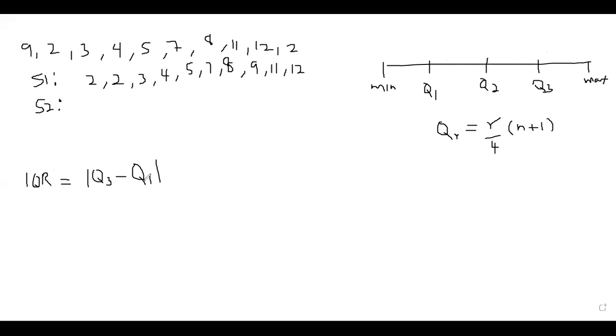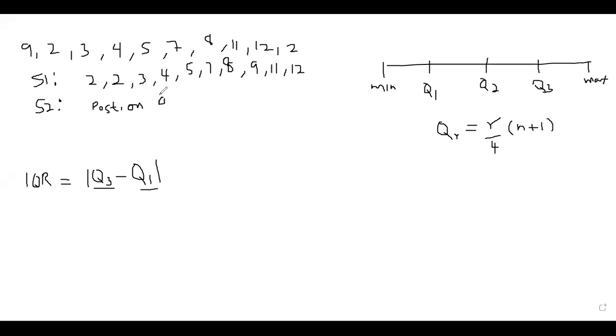Good. So we need to find Q3 and also Q1. In step 2, we have to find the position. Let's find the position for Q1 first, followed by that for Q3.